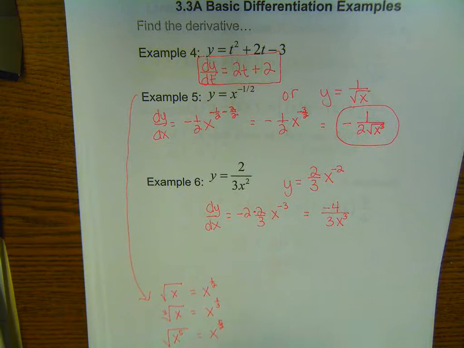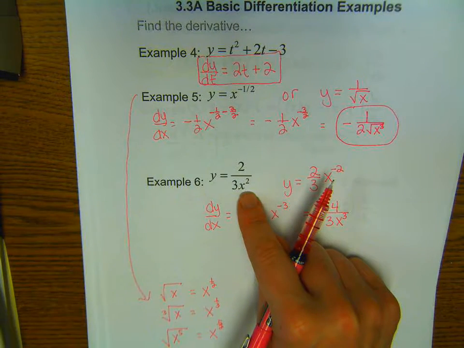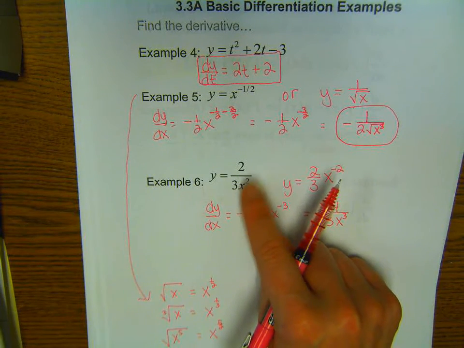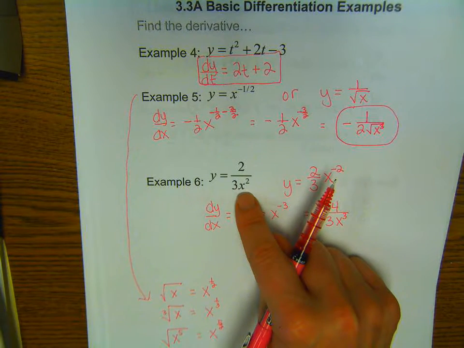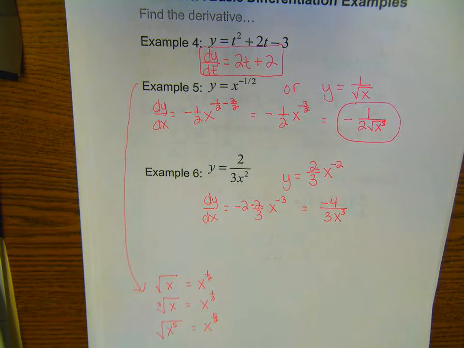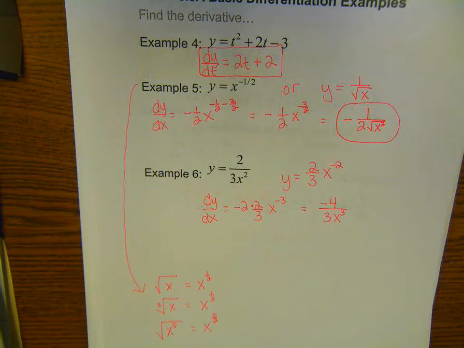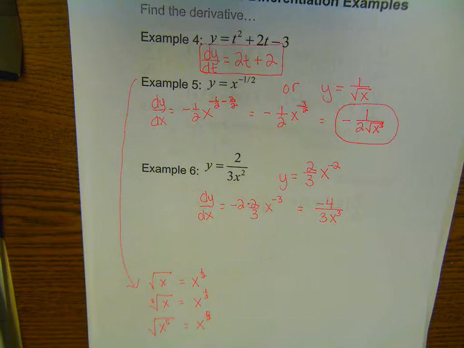So, to use the power rule, you have to rewrite it as x to some power. This is on the bottom of the fraction, and I can't just use the power rule on the bottom of a fraction. It has to be x to some power. So if something is on the bottom of a fraction or something's a root, you want to rewrite it as a power.